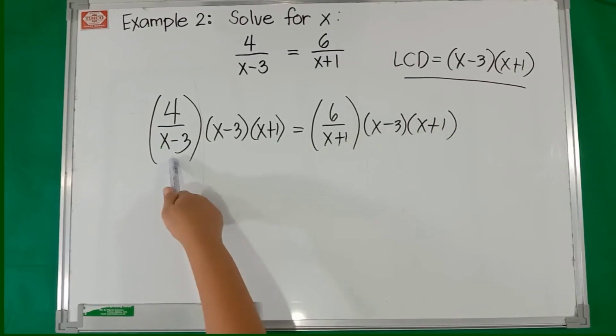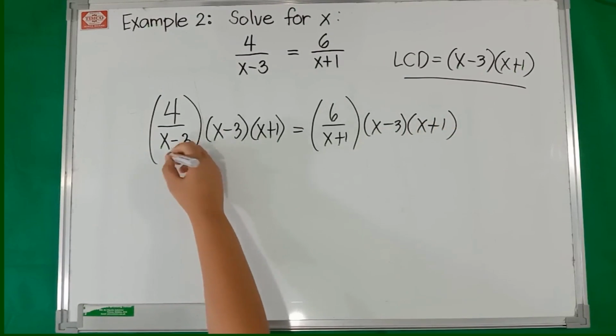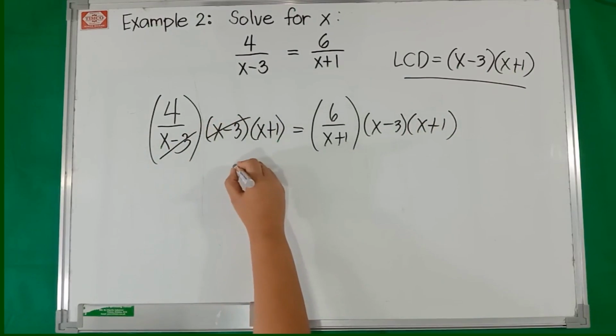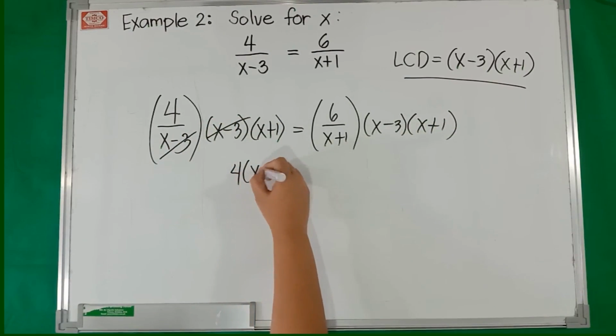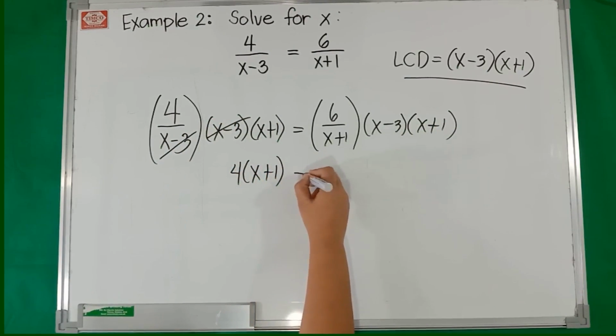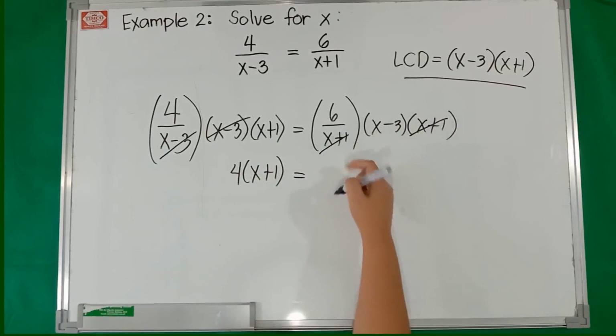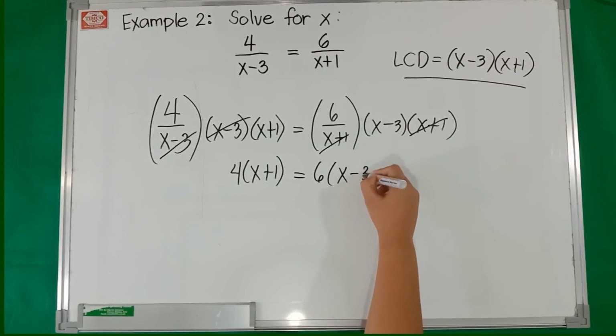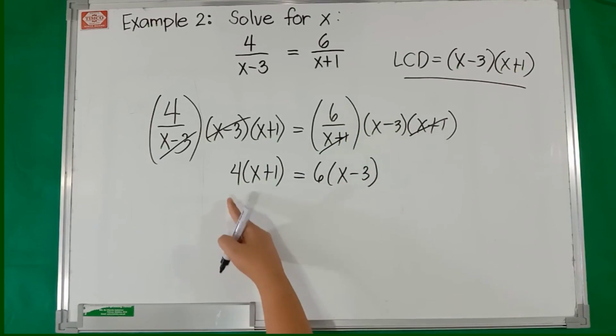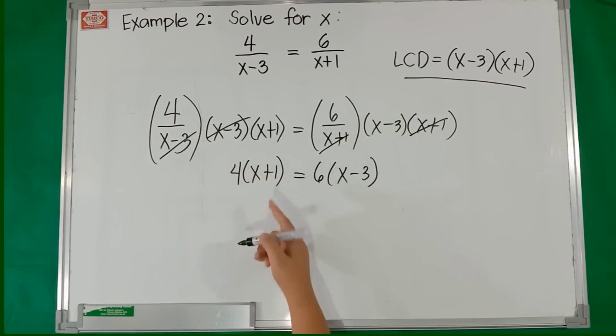We can cancel x minus 3 and x minus 3. So what remains is 4 times x plus 1. And on the right side, we can cancel x plus 1 and x plus 1. What remains is 6 times the quantity x minus 3. We can distribute 4 in the binomial.